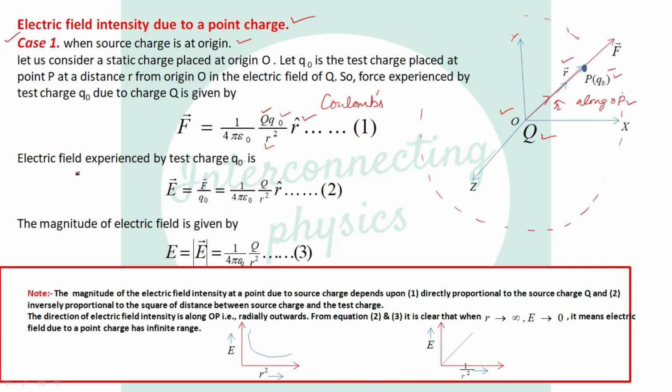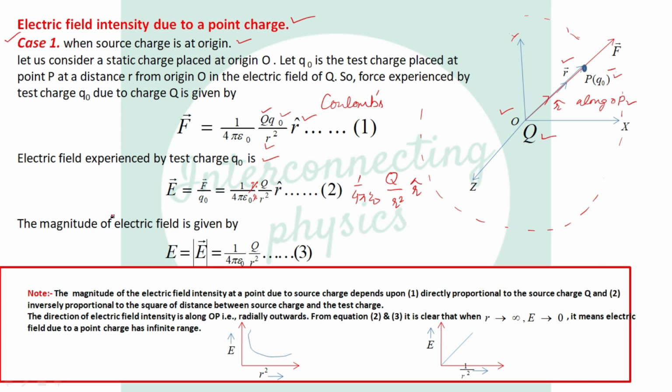Now the electric field experienced by test charge is given by E vector equal to F vector divided by Q naught. Now put the value of F vector from this equation number 1, and you see here Q naught cancels out with another Q naught, and we are left with 1 over 4 pi epsilon naught Q divided by R square into R cap.